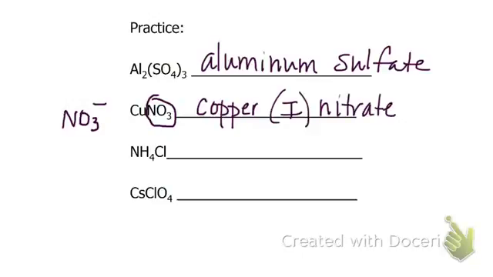Okay, so the next one, NH4Cl, is your one exception, because it is actually the only positive polyatomic ion, okay? So in any other time, I can tell you, look and see if it starts with a metal or a non-metal, and if it starts with a metal, it's going to be ionic. If it starts with a non-metal, it's going to be covalent molecular compound, okay? This is the one exception to that, because clearly nitrogen is a non-metal, but it's in that polyatomic ion.